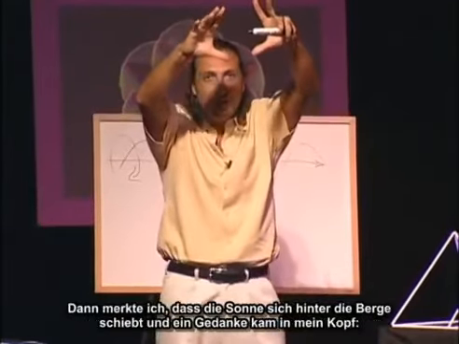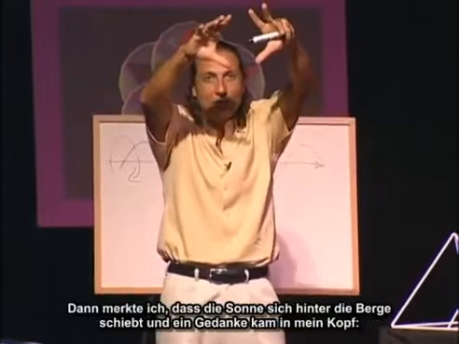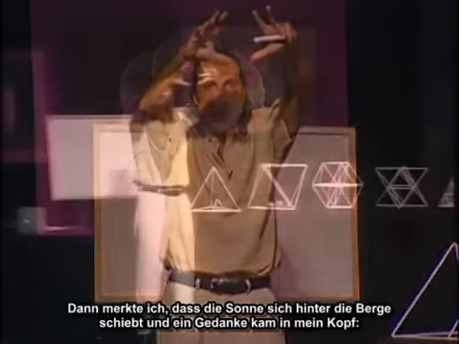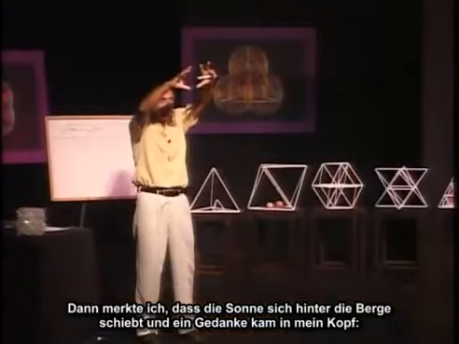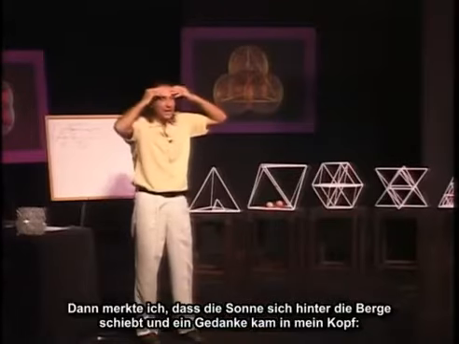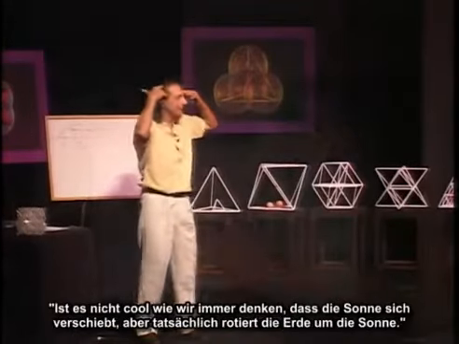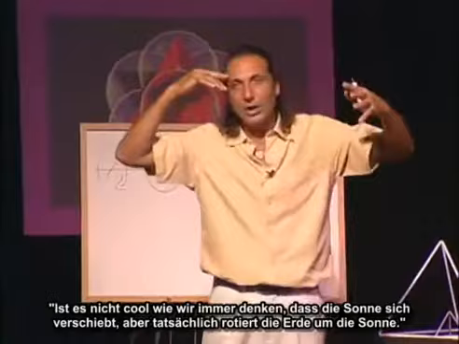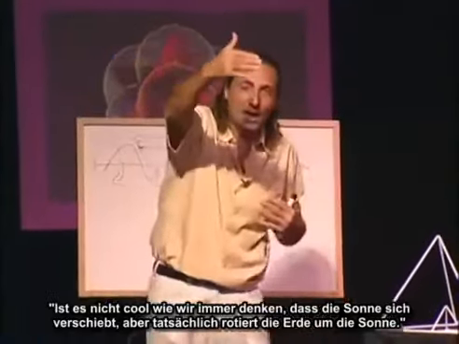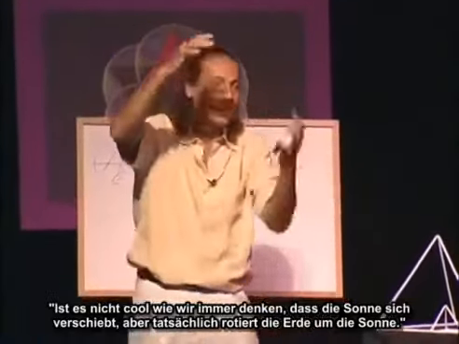Actually, late in the summer, but I noticed that the sun was going behind the mountains, and a thought came to my head: isn't it cool how we always think the sun is going behind, but actually it's the earth that's rotating?